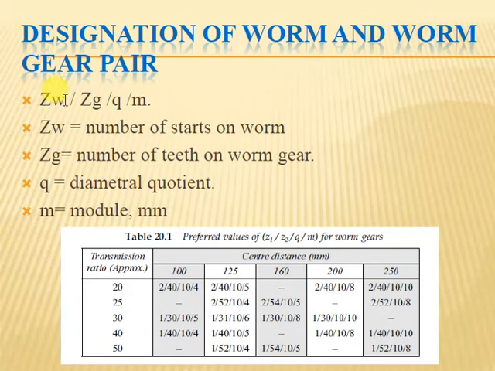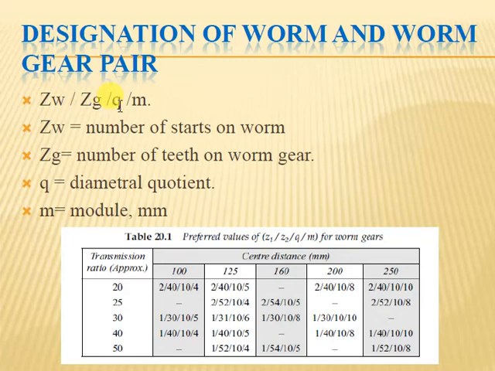So the designation is like this: some number oblique another number oblique then a number oblique and then again a number. The first number in a designation indicates ZW.